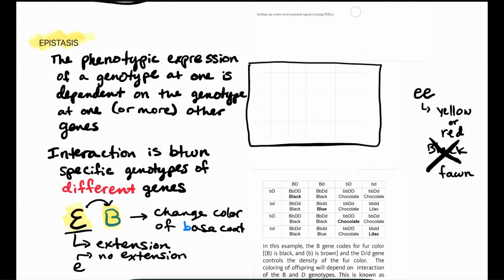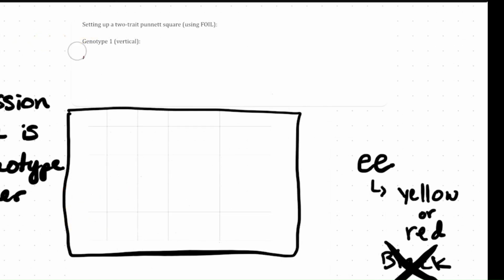The way that you set this up is for each genotype, you FOIL them, all right? If we remember FOIL from algebra, you use the FOIL method to set up your Punnett square along the vertical and horizontal axes, okay? So for instance, genotype number 1 is this.